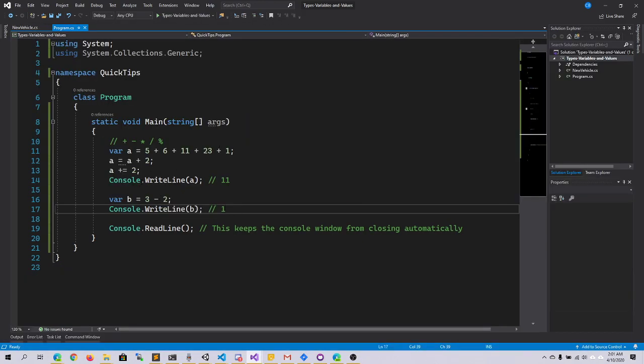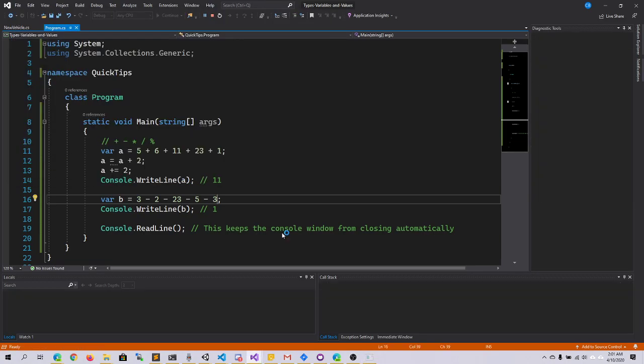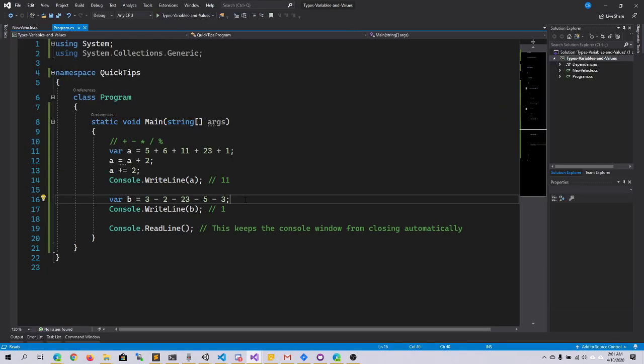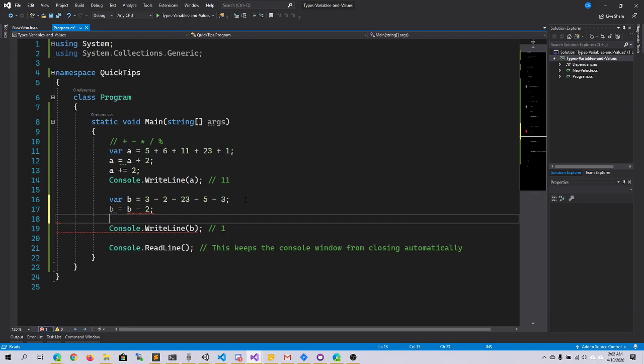Just like with the addition operator, you can string together multiple values, negative 30 in this case. And again, just like with addition, you can write this as shorthand. B minus 2, or you could do B minus equals 2. And again, these two lines would have the same exact result.